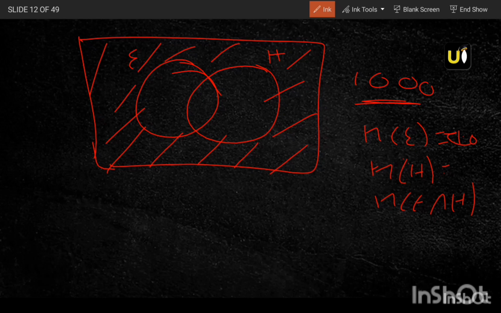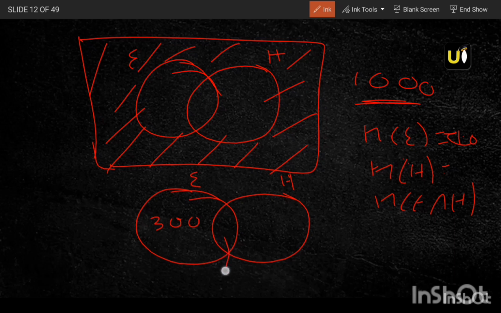Okay, so as we have done in the previous question, the number of students who like only English is 300, right?